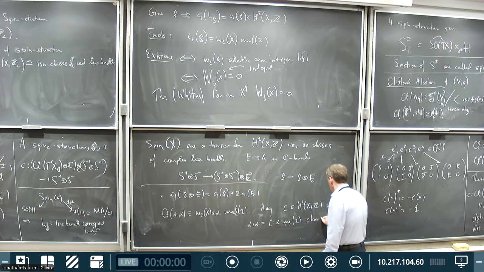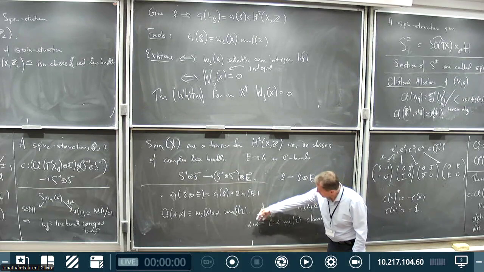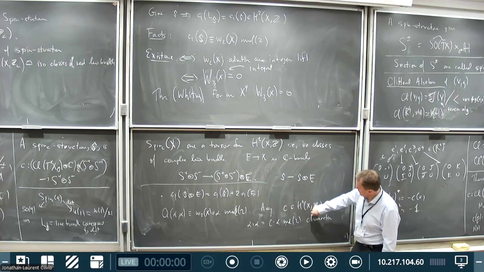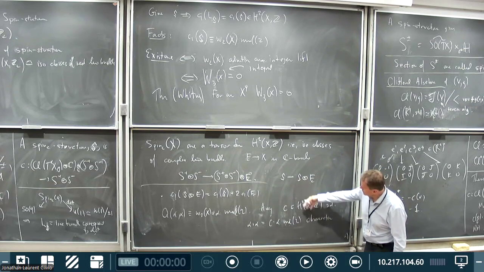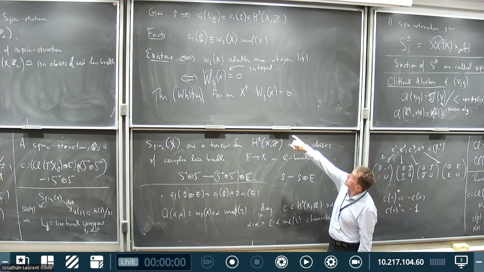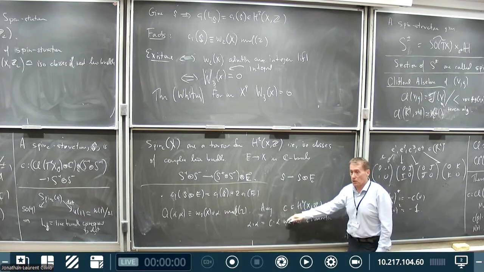That's called characteristic. The mod 2 intersection form is a homomorphism, and a vector that realizes that over the integers is called characteristic. So in the language of quadratic forms, what we learned from this is that the first Chern class of a spin C structure gives you a characteristic vector in the cohomology.